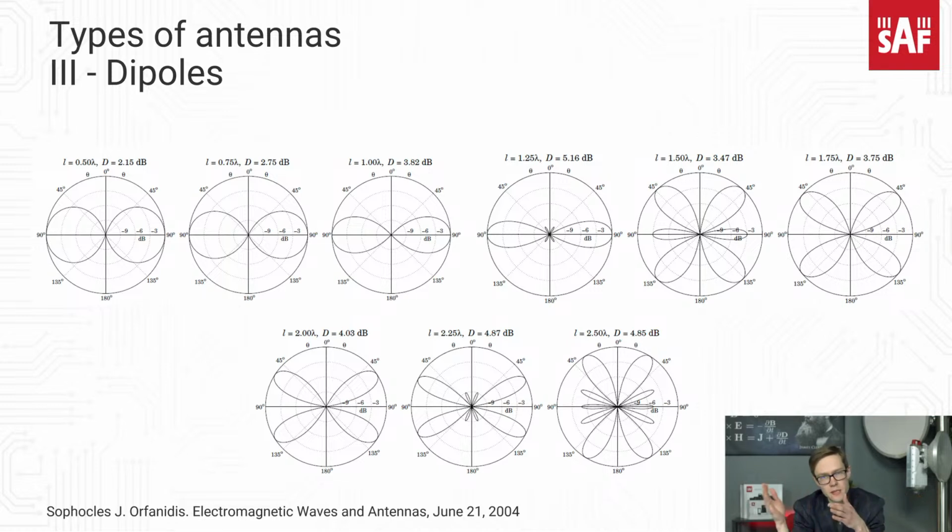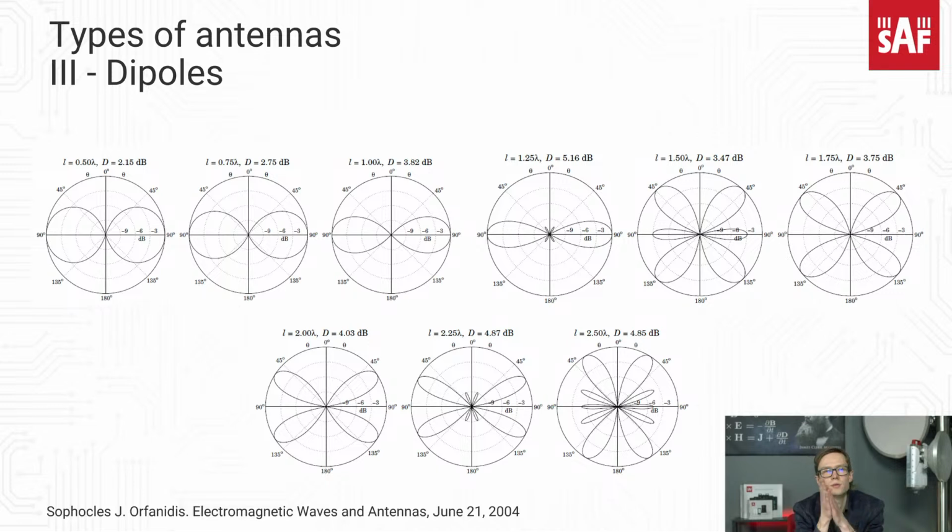Then we start increasing the dimensions to 3/4 of a wavelength, for example. What we see here is an increase in the directivity, from 2.15 dB to 2.75 dB. So the half power beamwidth becomes narrower and the directivity increases.